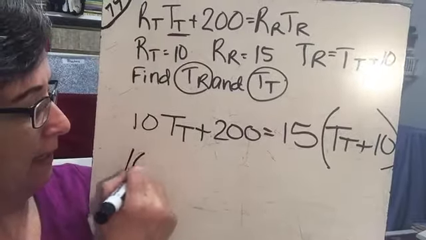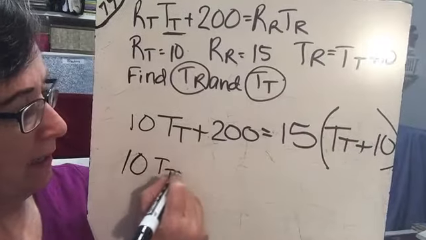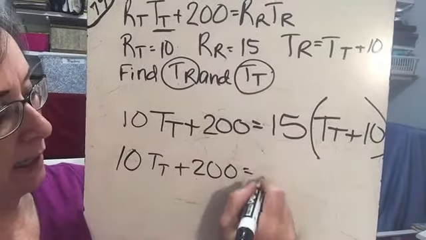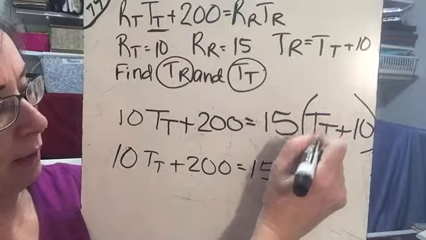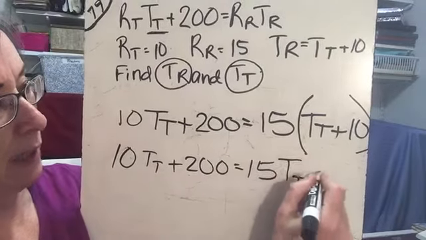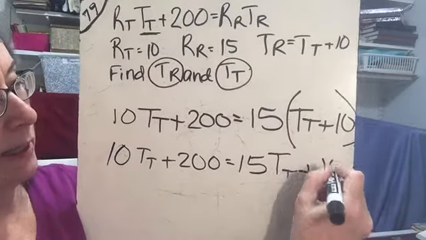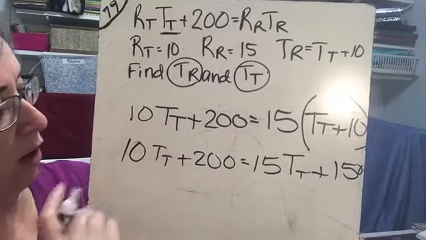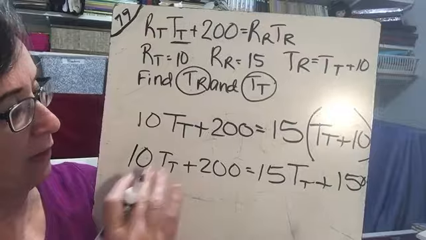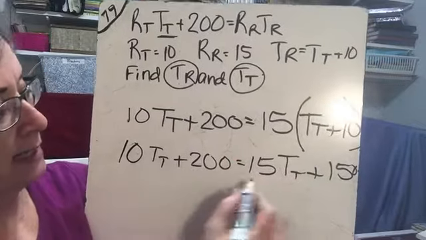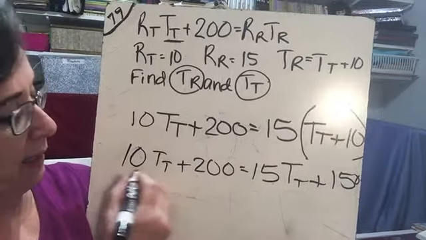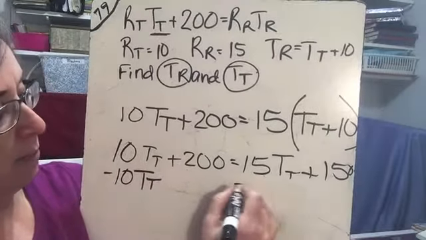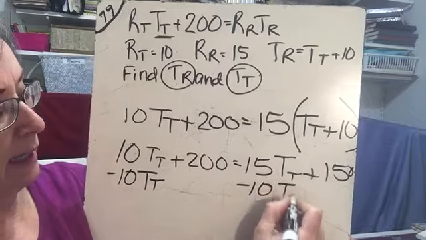So 10 T sub t plus 200 equals 15. We have to distribute here. 15 T sub t plus 15 times 10 is 150. So now let's get all of our t's on one side and all of our numbers on the other. Since this one's bigger than this one, why don't we get minus 10 T sub t, minus 10 T sub t.